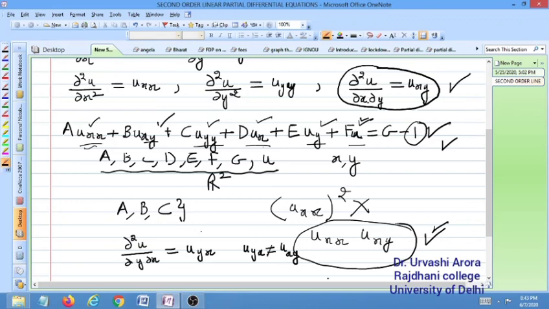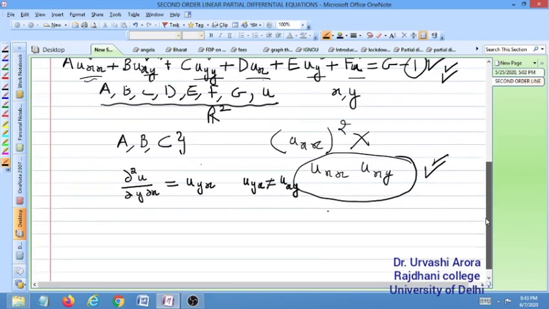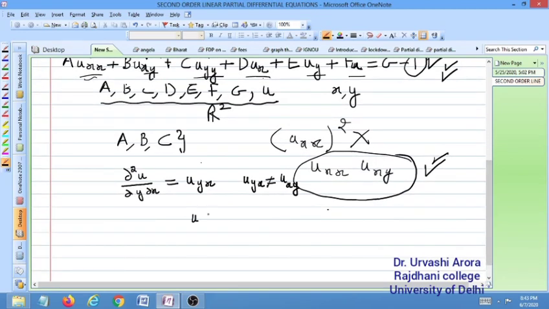But you will see that in the second order linear partial differential equation 1, only the mixed second order partial derivative uxy has been considered. There is no mention of uyx. The reason for this is that the dependent variable u is considered to be a twice continuously differentiable function of x and y in the given domain of R square.